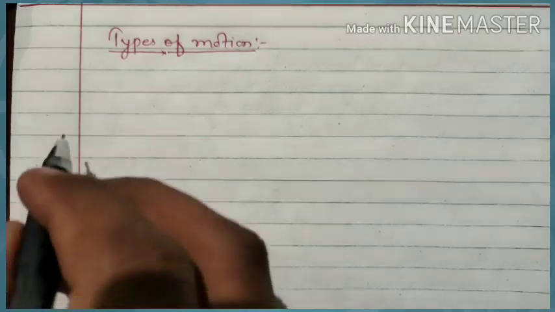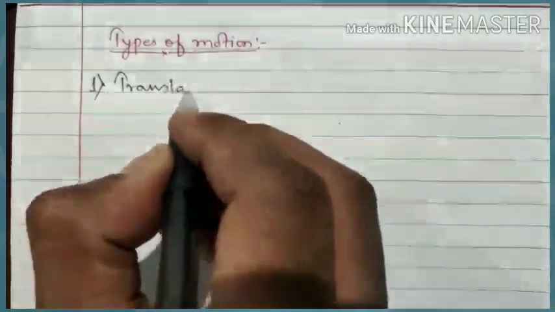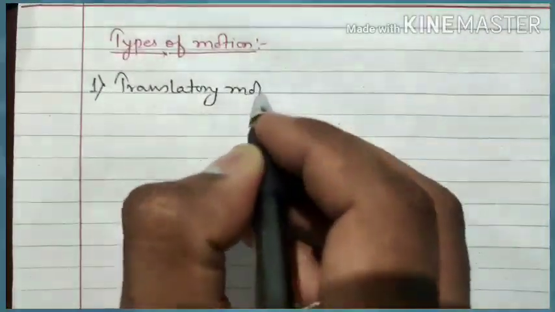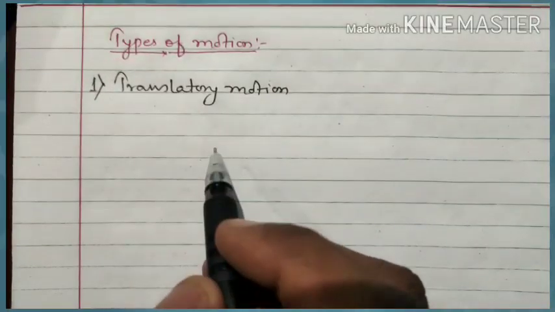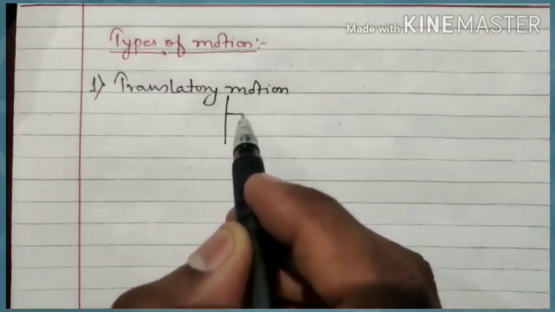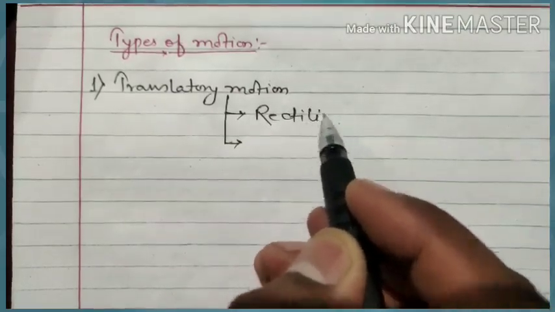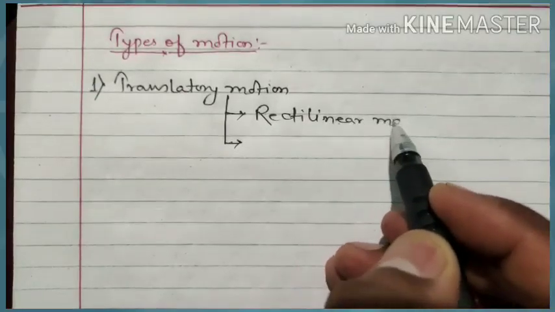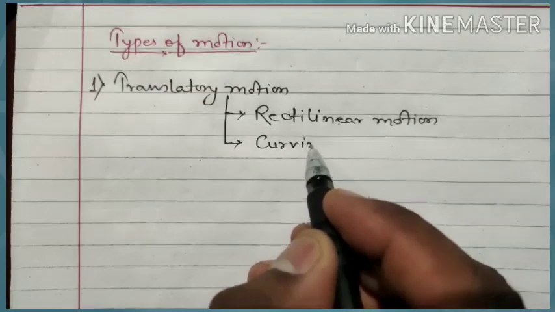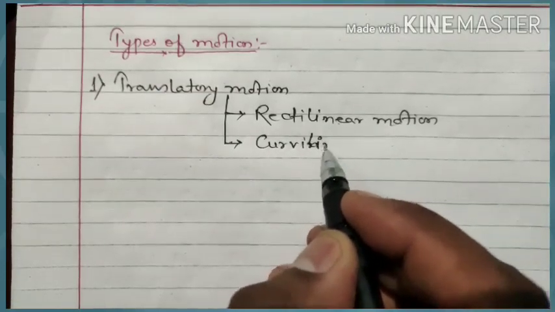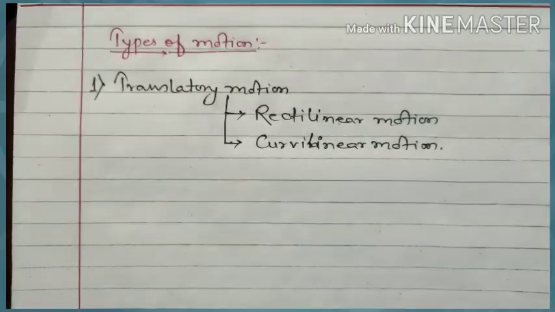The very first type of motion is translatory motion, and within translatory motion there are 2 different types: the first is rectilinear motion and the second is curvilinear motion.